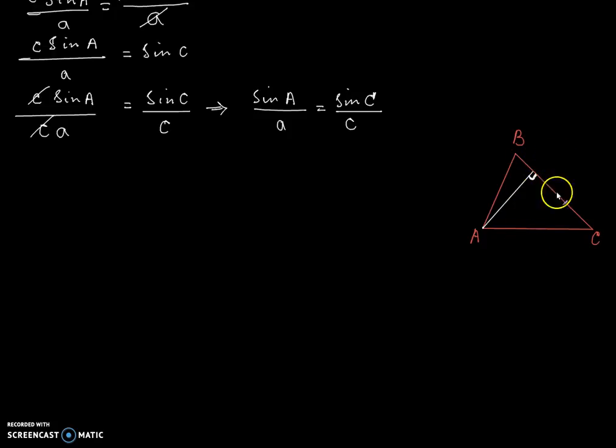Here I have A, so this is c, and this is b. And this would be K, for example.